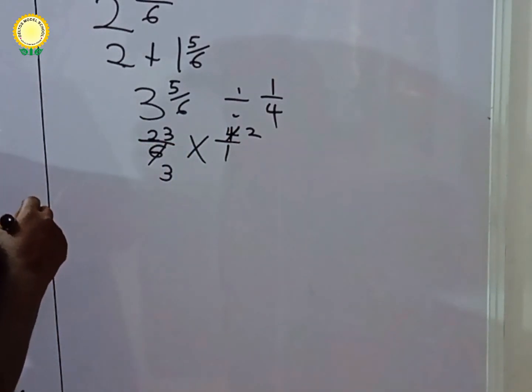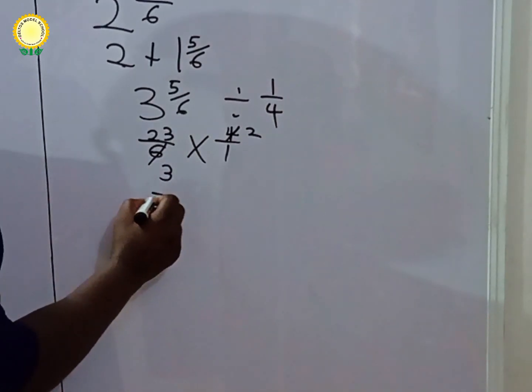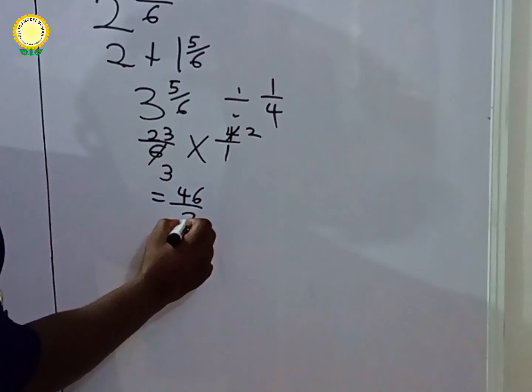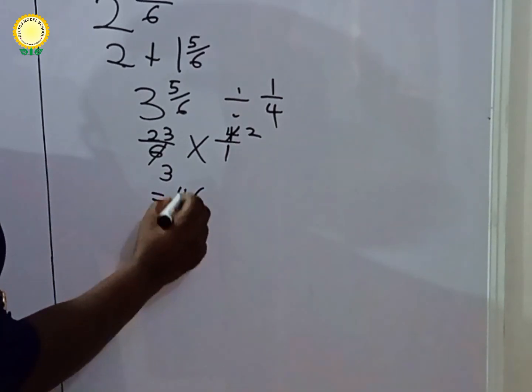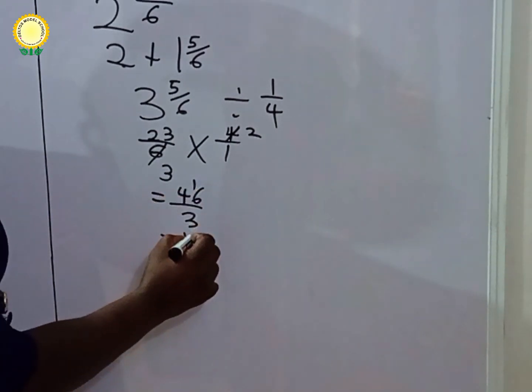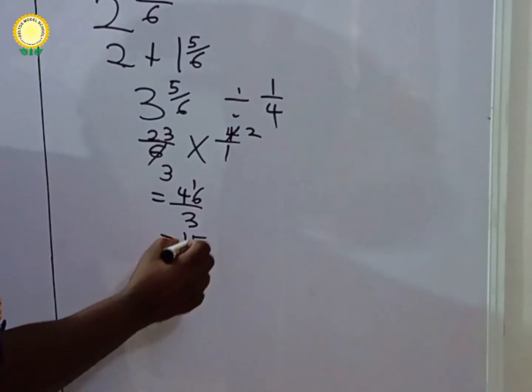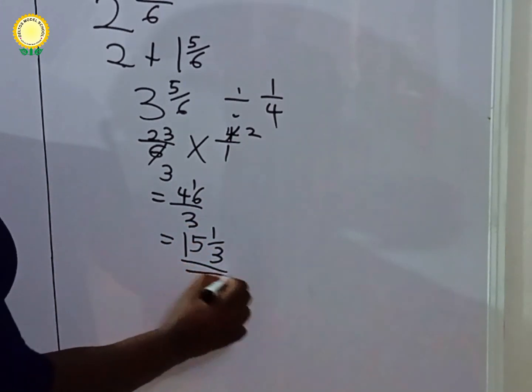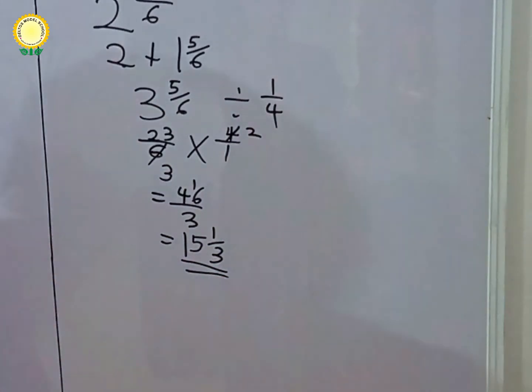Okay, can we still simplify further? No. So we multiply. 23 times 2 is 46. Divided by 3. That will give us what? 15, remainder 1, so 15 and 1 over 3. So this is our final answer.